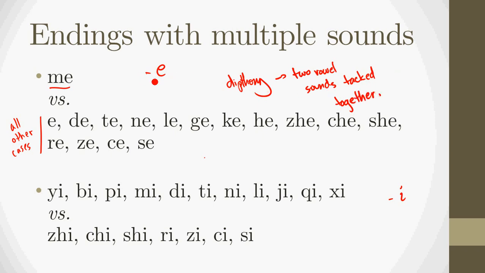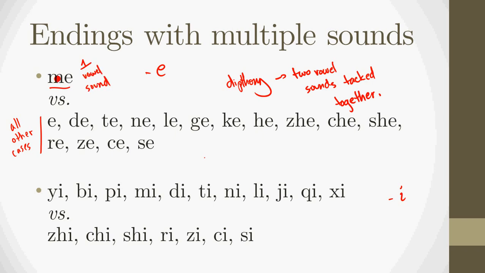Okay? So when we say the E, those are the two vowel sounds we're putting together. And that's in all these cases, but here it's just m, just one vowel sound.